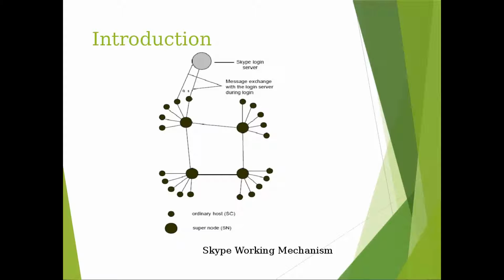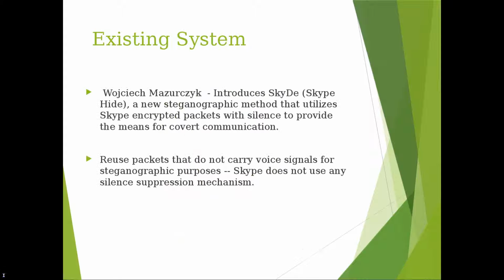You can see in this picture how Skype works: the one large node shows the Skype login server, where messages get exchanged between the internal nodes and the main Skype login server node, and the other small nodes are the ordinary hosts and the super nodes.